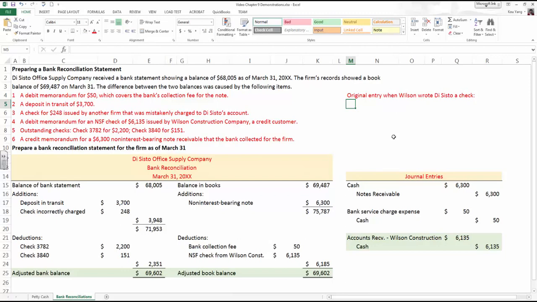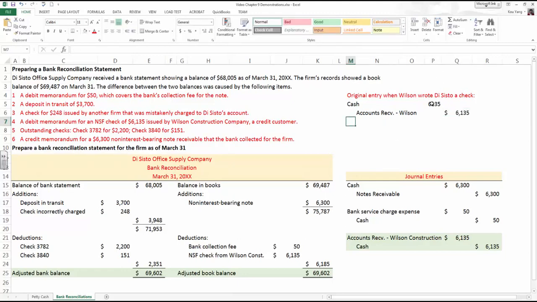When the check arrived at the company, DeSisto debited cash for $61.35, and they credited accounts receivable for Wilson at $61.35.